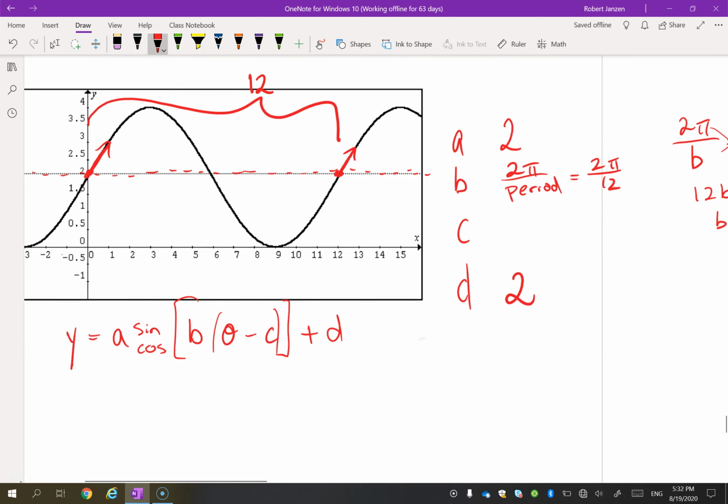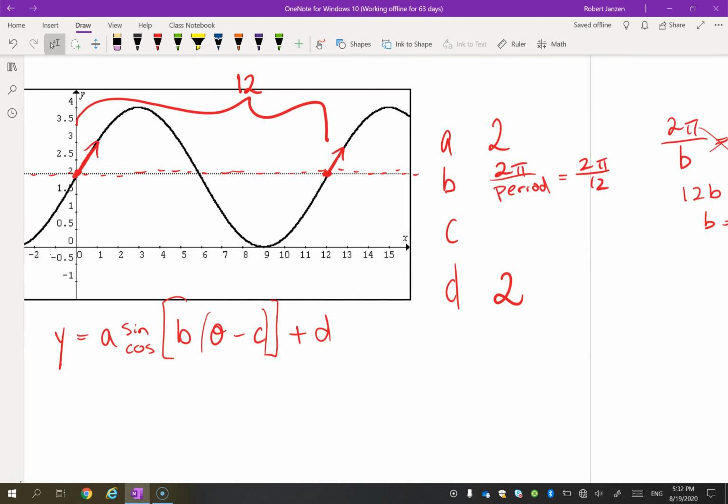The last thing we need to do is figure out the phase shift, and you should be able to see that for sine of x, this graph has moved nowhere, because normally the sine graph starts here going up. It's still starting at the midline going up. So the sine graph has not moved left or right. But for the cos graph, here is the peak.